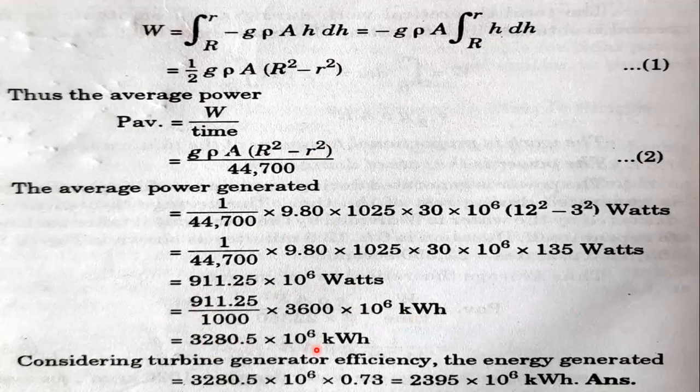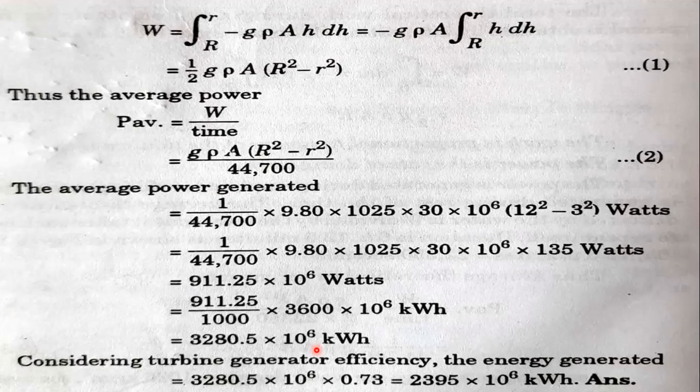So this is the average power generated, and now we have to consider the generator efficiency and calculate the energy generated. Efficiency is given as 0.73. Now multiply this with efficiency, and we will get the energy generated with the given efficiency.